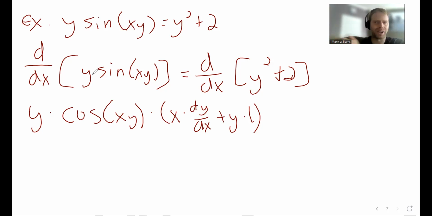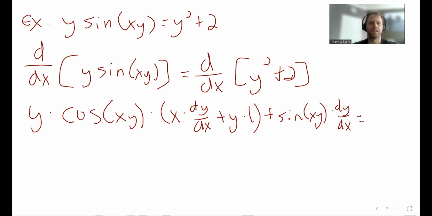Remember, we've got a big product rule going on for this entire thing. So we're only halfway through. Remember, this was first, d second. And then we're going to have plus the second, which is sine of xy, times the derivative of y, which is 1, but we've got to multiply by dy dx. Okay. Whew, yeah. Take a deep breath there.